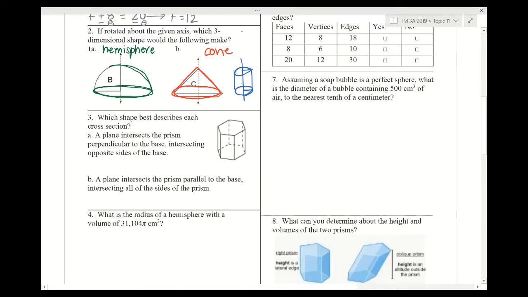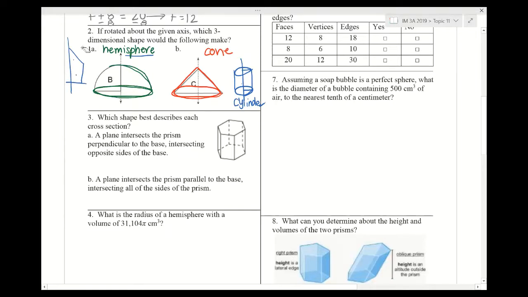Knowing those three, if this portion of a circle was a semicircle instead, it could create a sphere, or it could be a combination of both. Like in the homework, something that looked like that created a cone on top of a cylinder.